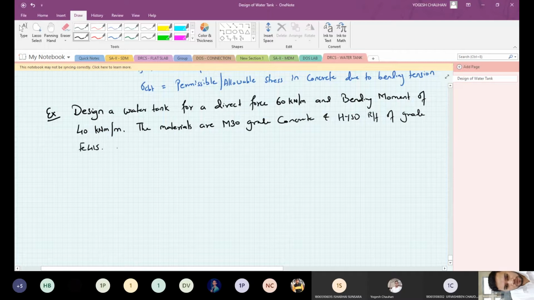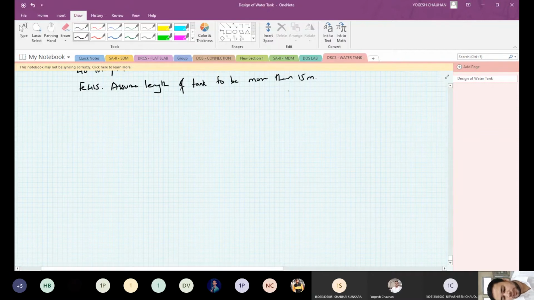Now assume the length of wall, or length of tank, to be more than 15 meter. Here it is given that the length of the wall is more than 15 meter, so we have to take the minimum steel accordingly.